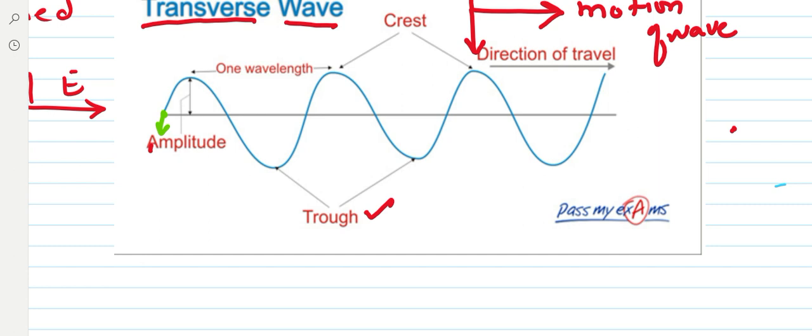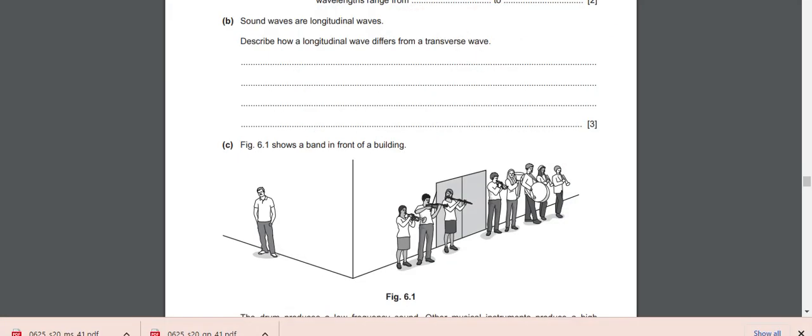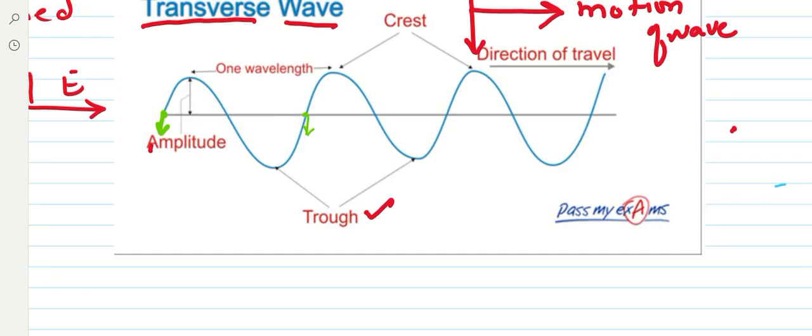You will go along this wave and you will find that this is the point which is also doing the same function. Similarly, you go to this point and it's also doing the same function. So the distance between these two points will be called one wavelength.